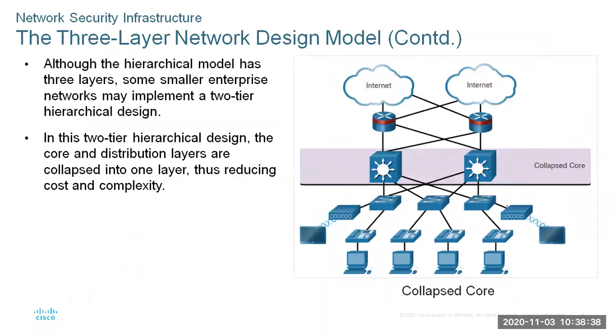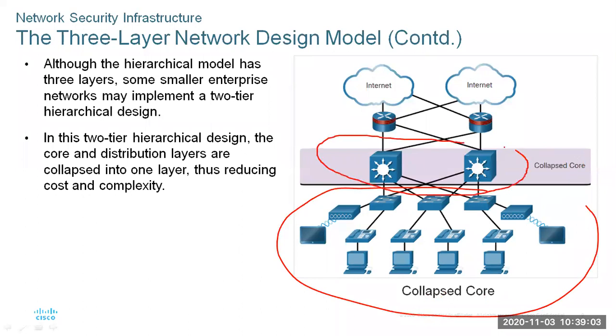Although the hierarchical model has three layers, some smaller enterprise networks may implement a two-layer hierarchical design. Why do we say a two-layer hierarchical design? Because you have the access layer, and it collapses the core, so it takes the distribution and part of the core.